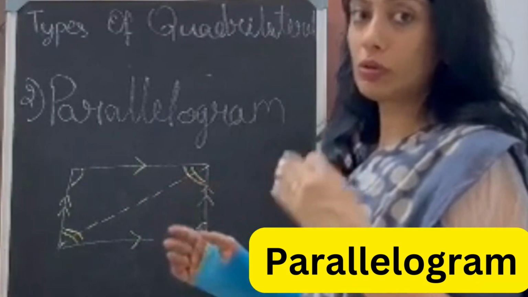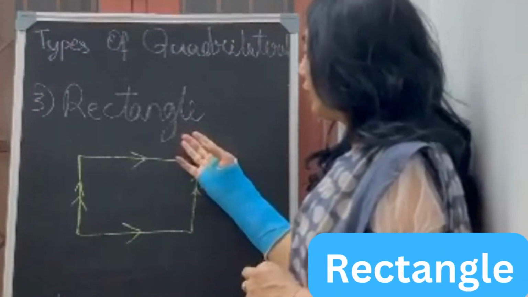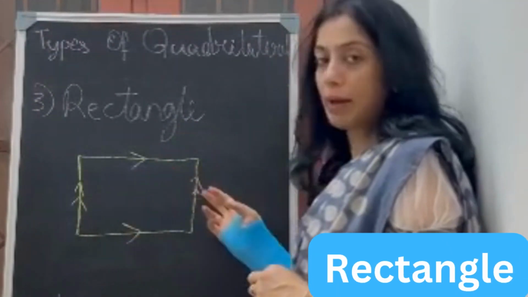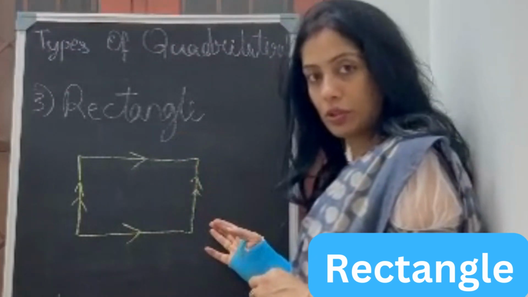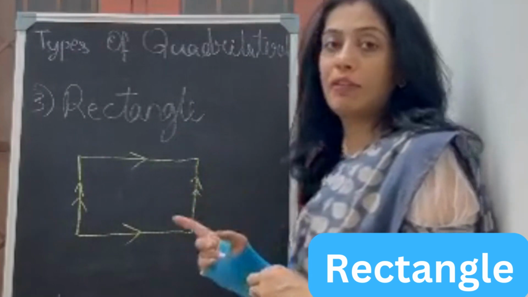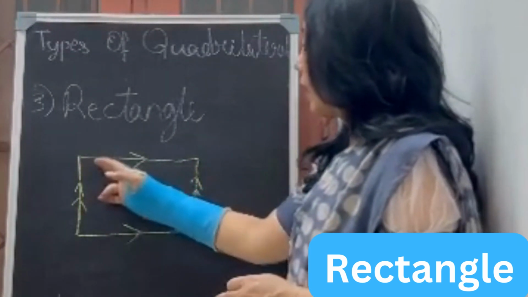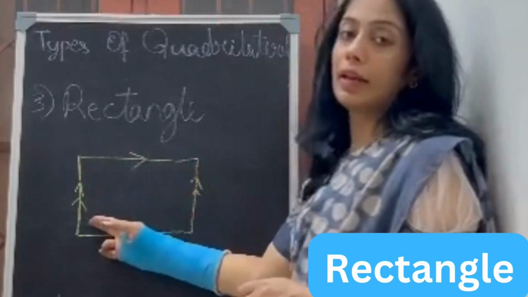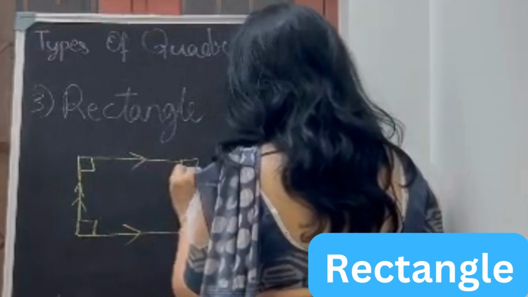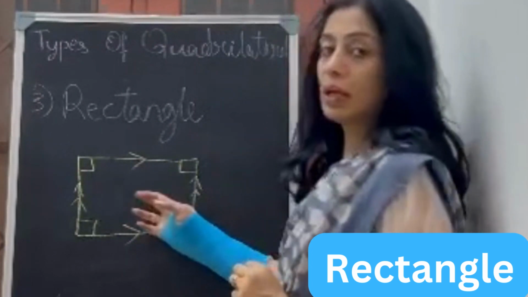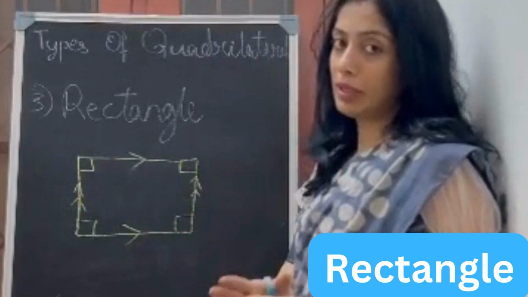Now we go to the third type of quadrilateral, the rectangle. In a rectangle, opposite sides are parallel and equal to each other. The one difference between parallelogram and rectangle is that the angles in a rectangle are 90 degrees. In a parallelogram, opposite angles are equal, but it's not compulsory that they will be 90 degrees.